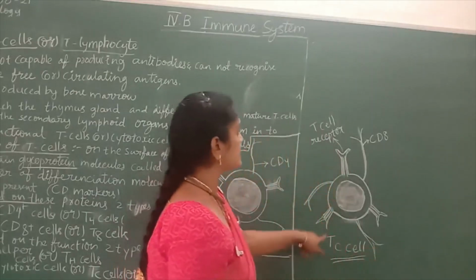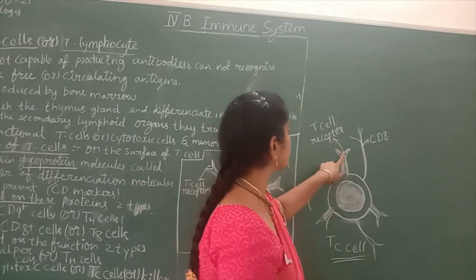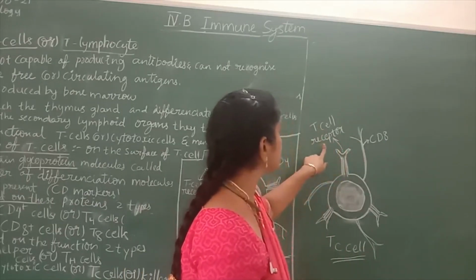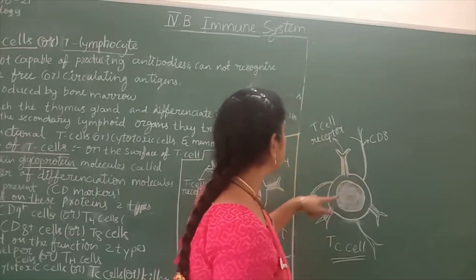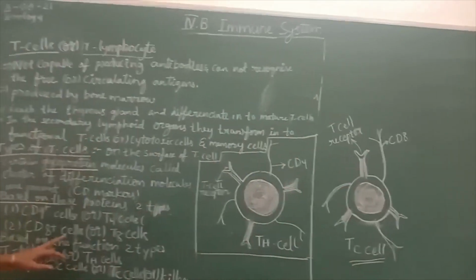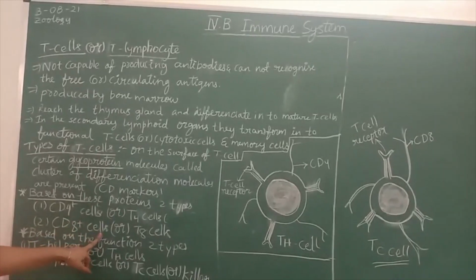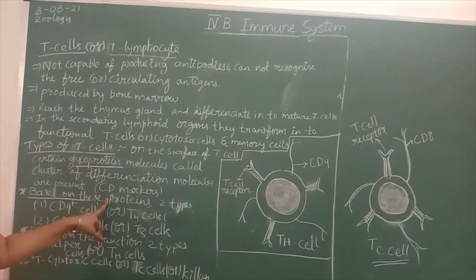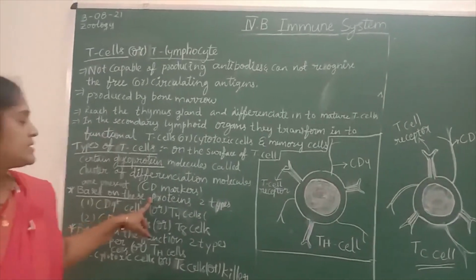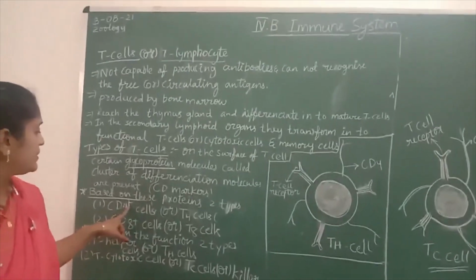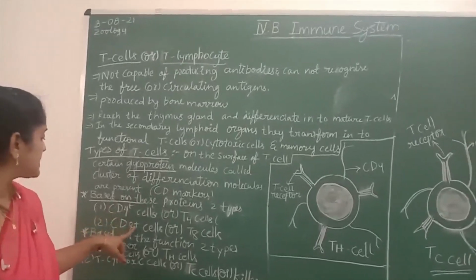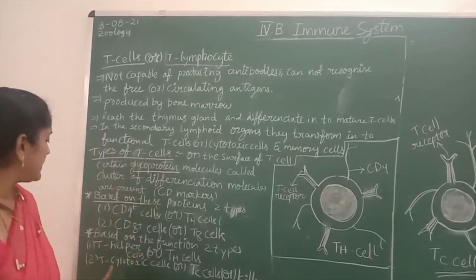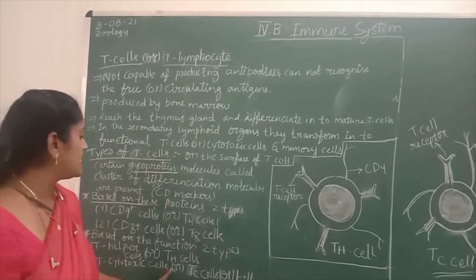This TC cell also has TC cell receptors, and this portion is known as the TC cell receptor. They are CD8 plus cells, based on the proteins present on the surface of the T cell. Based on the proteins, they are divided into CD4 cells and CD8 cells, and based on the function, into T helper cells and T cytotoxic cells.